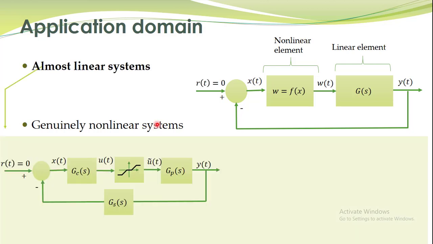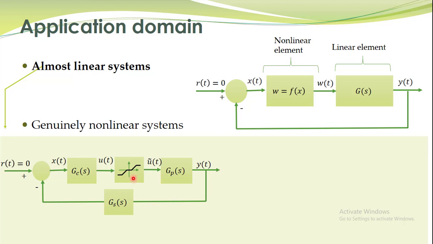For almost linear systems, here is the most common situation. The model of the process can be approximately described by a transfer function in many cases, and the sensor is also in many cases approximated by a transfer function. And the actual nonlinearity in many systems is in the actuator.